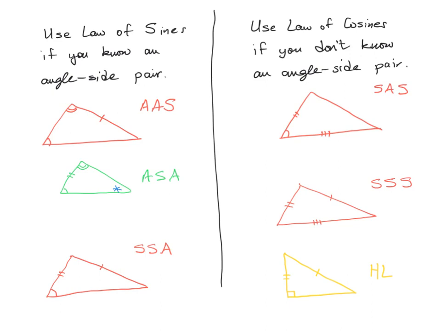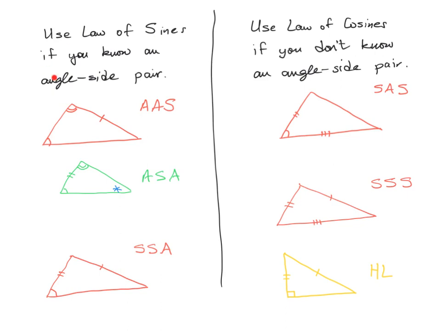We're going to use opposite, adjacent, hypotenuse because this is a right triangle, and those are way quicker, way easier to work with. So in the HL scenario, even though technically you could use either the law of sines or the law of cosines on it, you're wasting your time. It's much easier to just use sine theta equals opposite over hypotenuse, cosine theta equals adjacent over hypotenuse, tangent theta equals opposite over adjacent to solve a triangle of this nature.